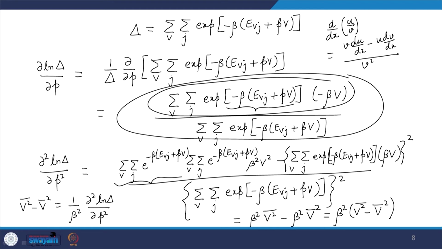Since we know that theta is equal to beta p, it is naturally del 2 ln delta by del theta square.